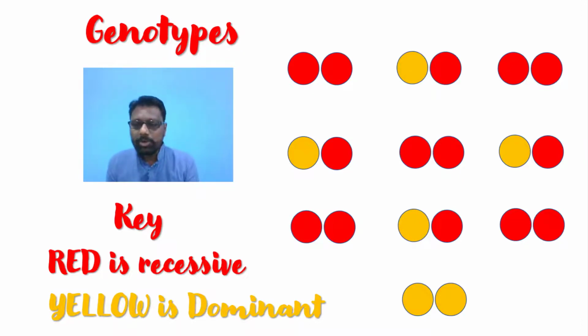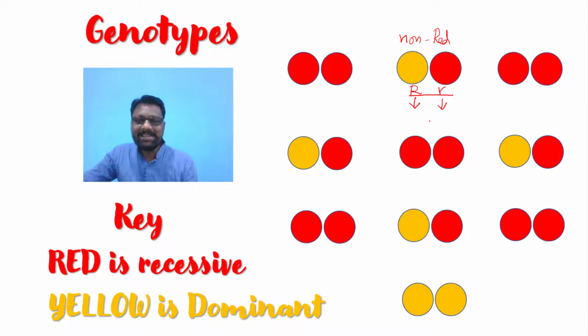But when we look into the non-red hair individuals' genotype, you will have two types of combinations. One individual has a combination of big R and small r, which also results in the phenotype of non-red individuals, because big R is dominant over small r.